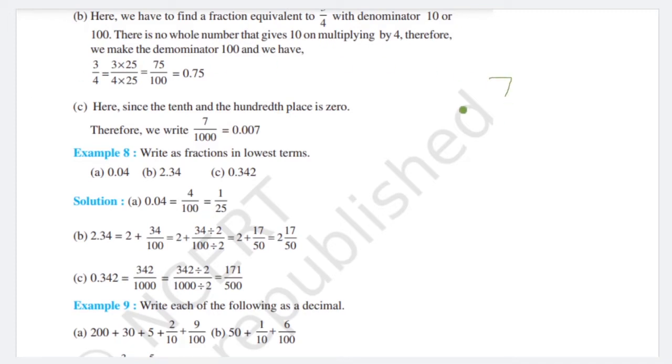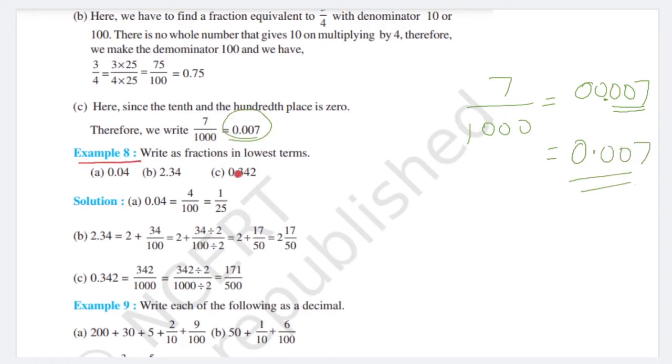So 7 is here and by 1000, no? So 1000 means 3 zeros are there. Therefore, you will need 3 digits. You need at least 3 digits after 0. So you have to place the point here. So the answer will be 0.007.